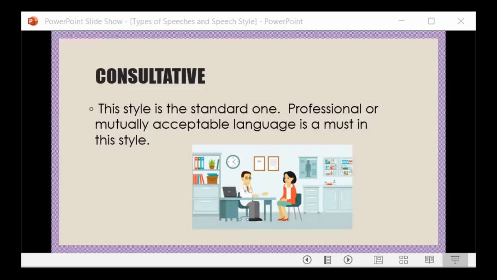Let's say, for example, if the speaker's information is insufficient or unclear, the listener or the receiver may ask for some clarifications, some elaborations. From that, the receiver or the listener could also participate in the discussion. The consultative style is the standard or mostly used style in everyday conversations.